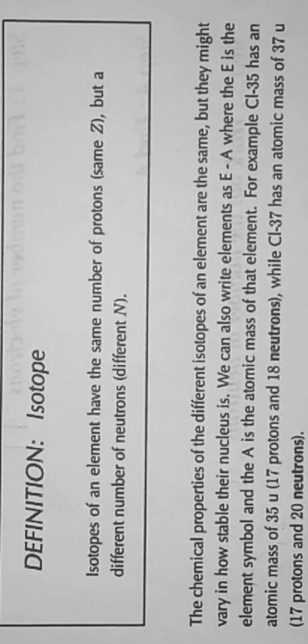We can also write an element as E to A, where E is the element symbol and A is the atomic mass of the element.